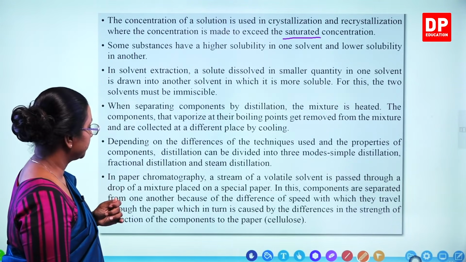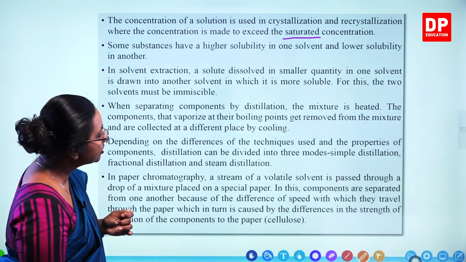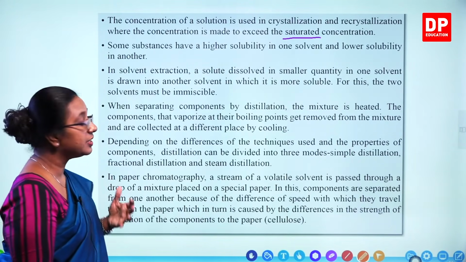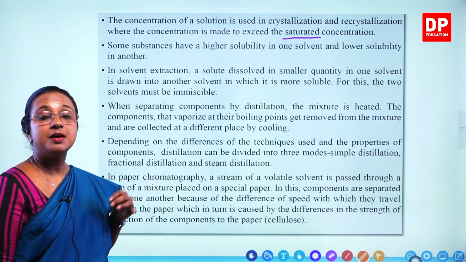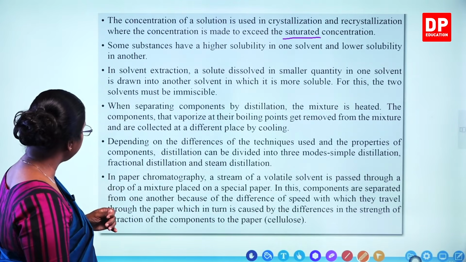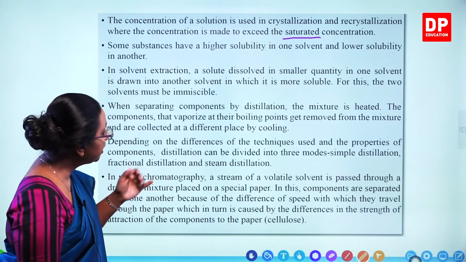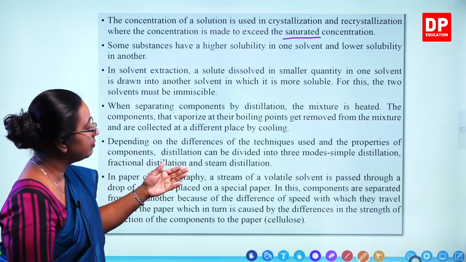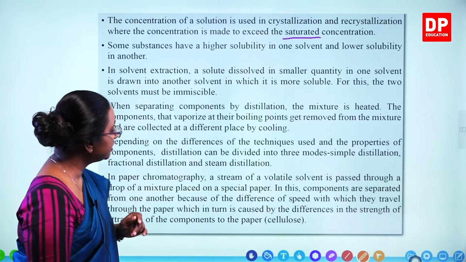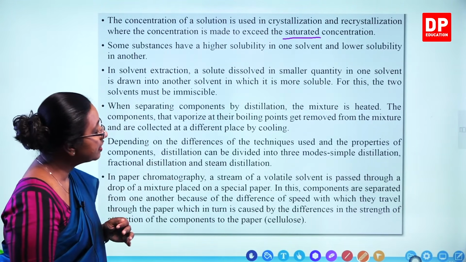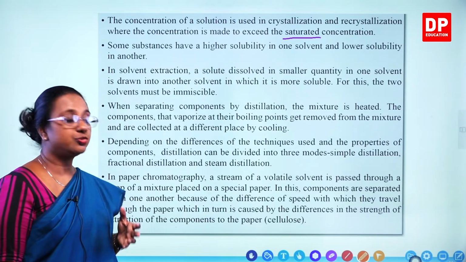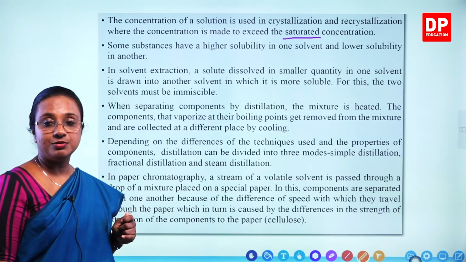In paper chromatography, a stream of a volatile solvent is passed through a drop of a mixture placed on a special paper. That is paper chromatography. In this, components are separated from one another because of the difference of speed with which they travel through the paper, which in turn is caused by the differences in the strength of attraction of the components to the paper, that is cellulose.